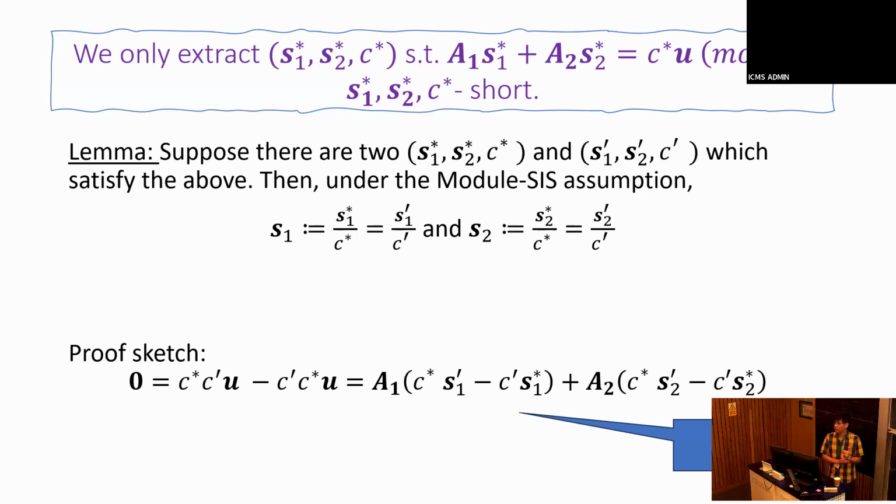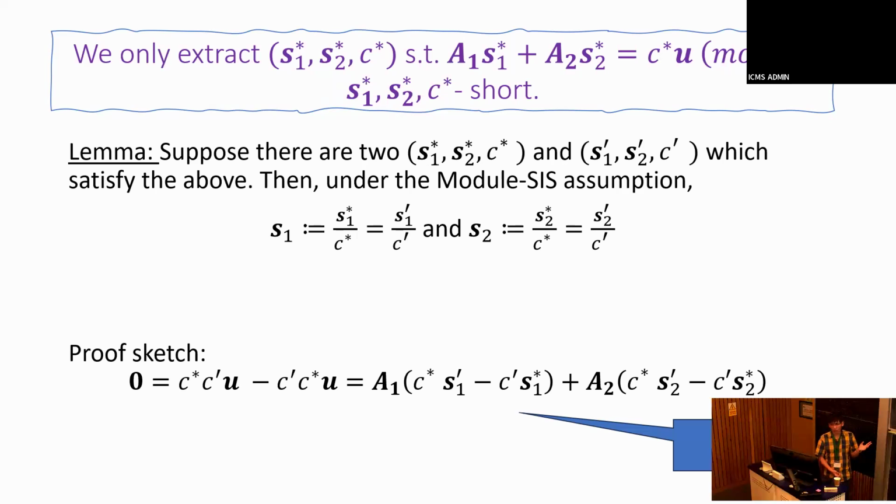Yeah, so what I'm saying is, look at this approximate statement above. Divide by C star. Then your wish would be that the original S1 was S1 star divided by C star. It's my wish. Obviously, we can't really deduce anything, because S1 star divided by C star is not short, in particular it's not binary.